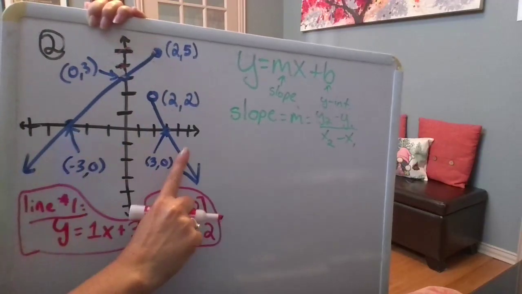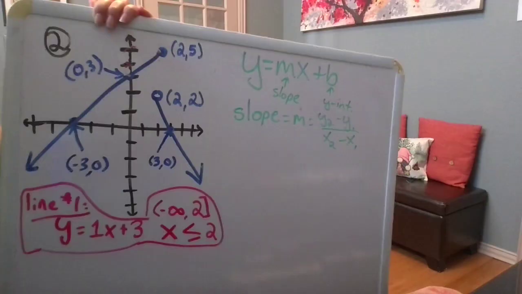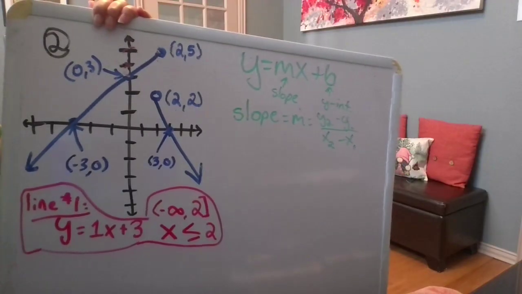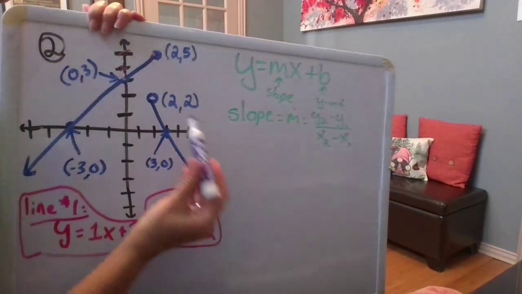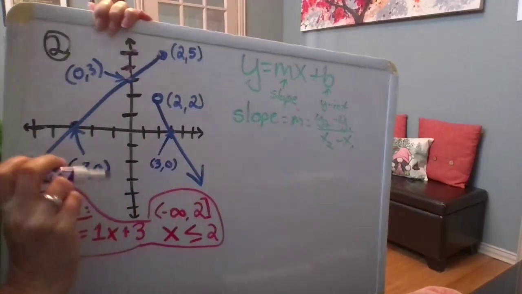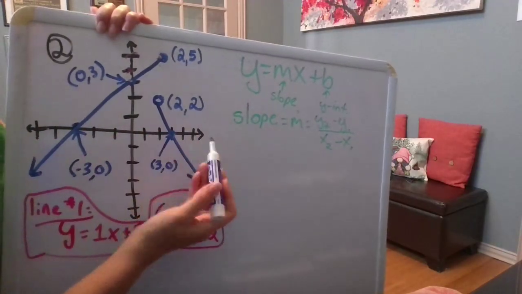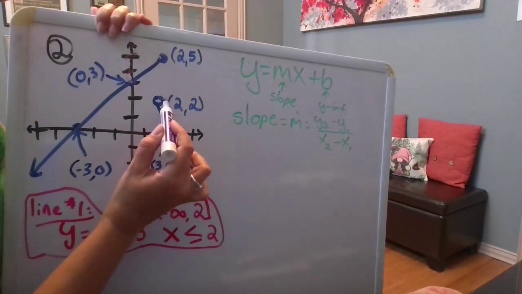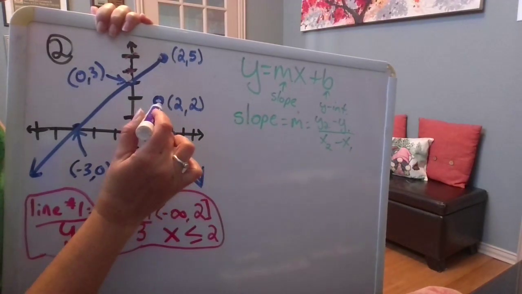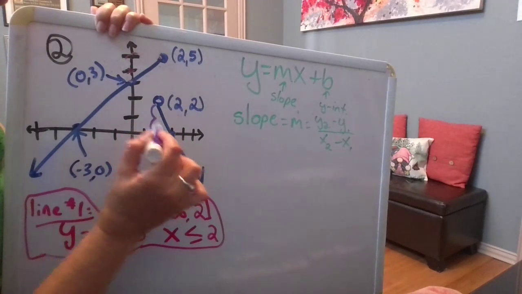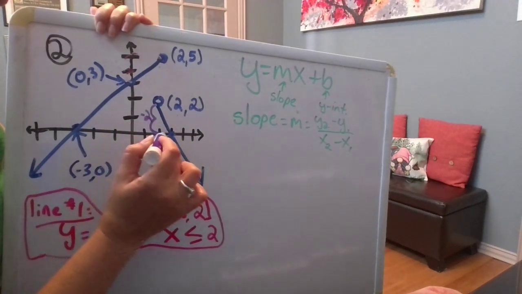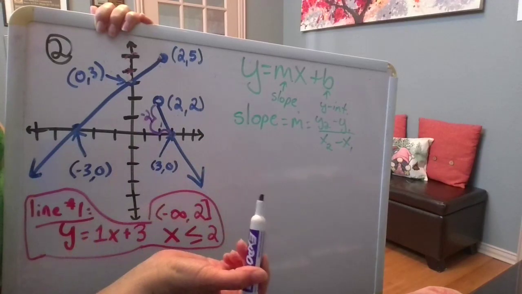Then we're going to go on to our second line. I'm going to color code a little bit and make this one purple. Looking at the picture, here's one dot, and then if I go for the rise, I can see I went down 2 and right 1.